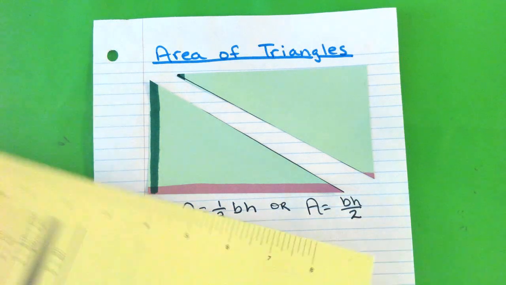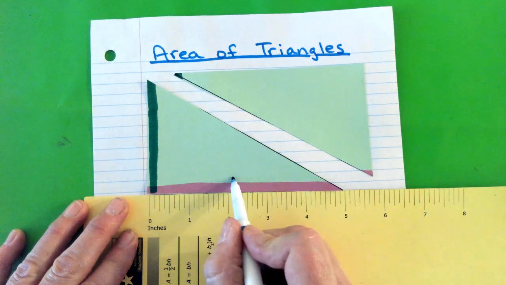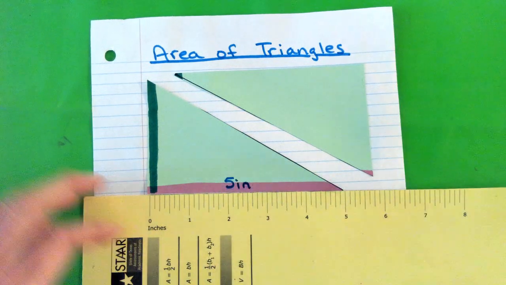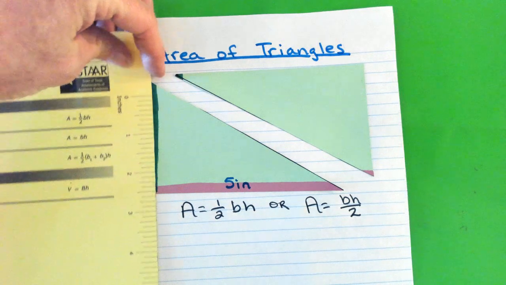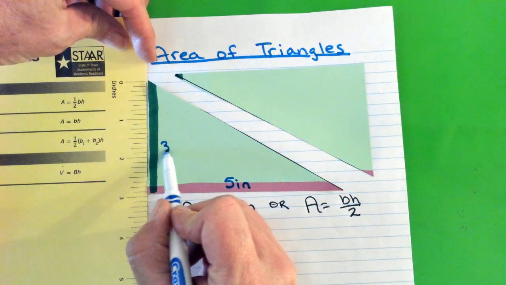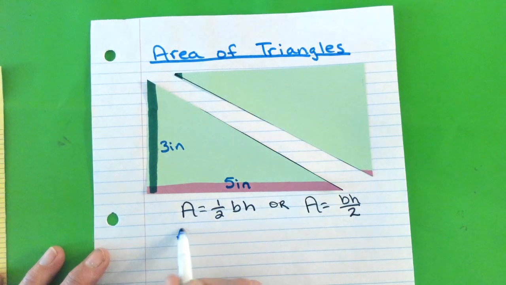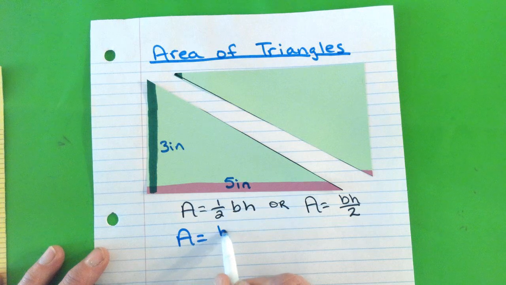And if you'd like to double check it, measure the base on the bottom. This is 5 inches. And the height, the vertical line, remember base and height will always make a right angle. We have 3 inches. And plug it into your equation. So area is going to equal base times, oh, why did I do that?